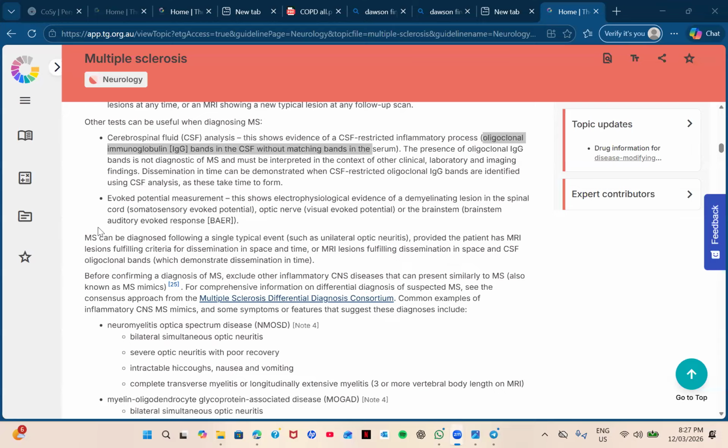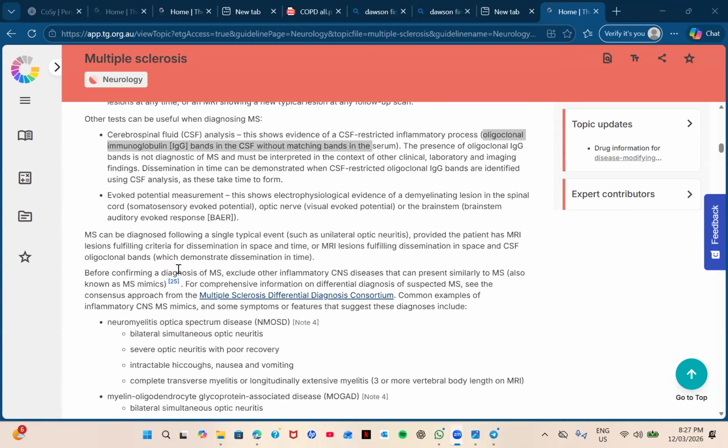But MS can be diagnosed following a single typical event such as unilateral optic neuritis, provided the patient has MRI lesions fulfilling the criteria for dissemination in space and time, or MRI lesions fulfilling dissemination in space and CSF oligoclonal bands, which demonstrate dissemination in time, right? But MRI should be in the scenario to fully diagnose it, right?